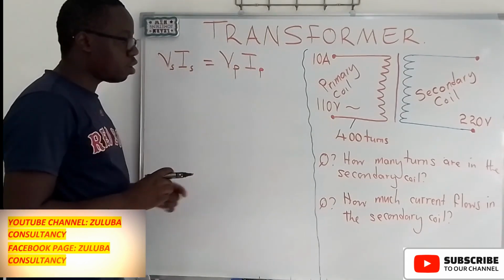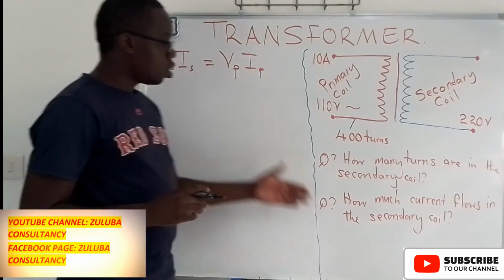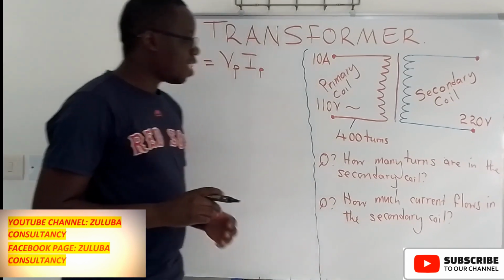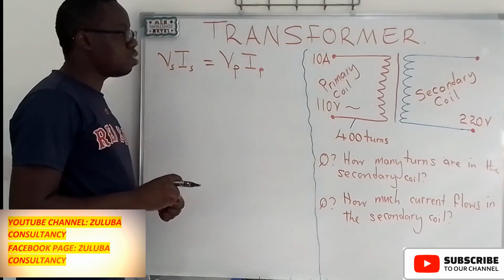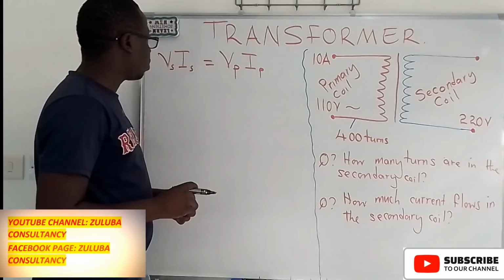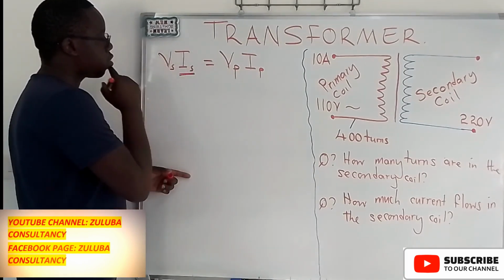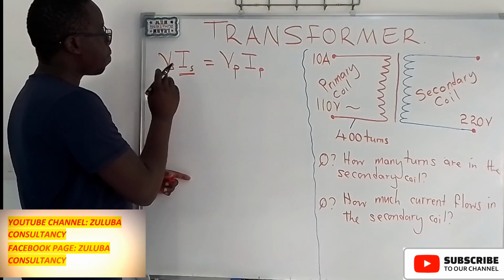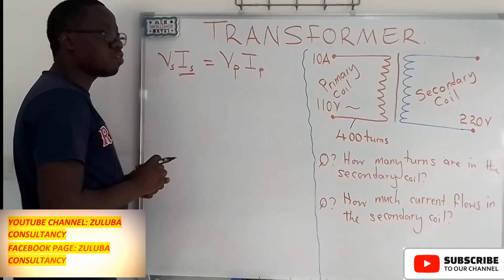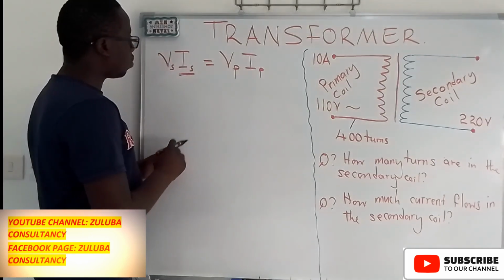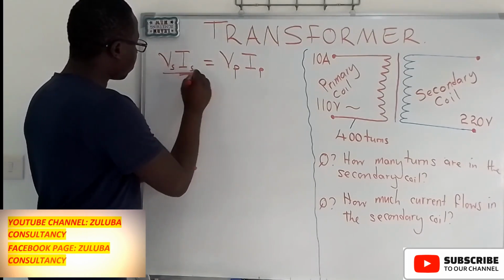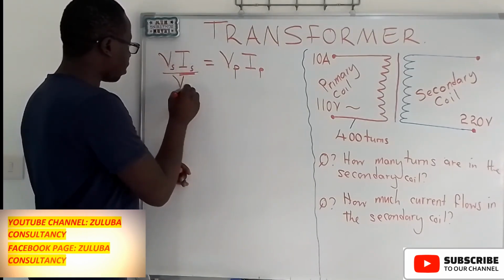This relationship should help us calculate the current in the secondary coil. We are being asked to find this, so we can make the current in the secondary coil the subject of the formula by dividing both sides by Vs.